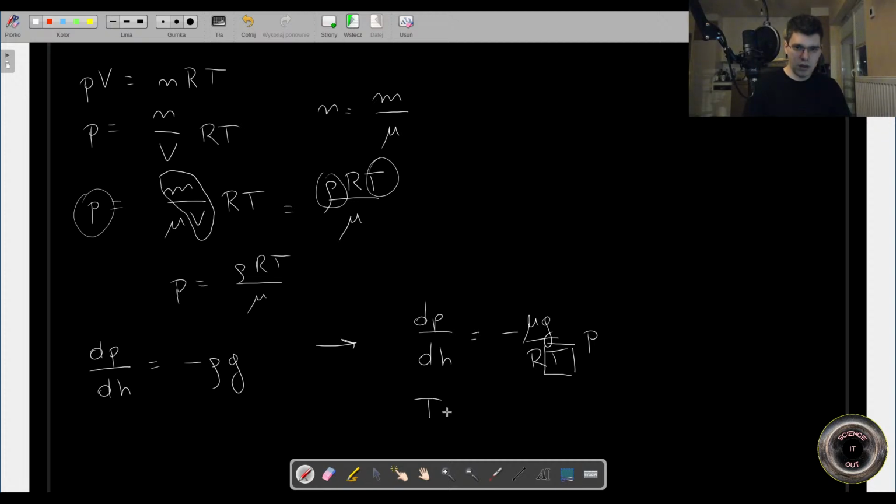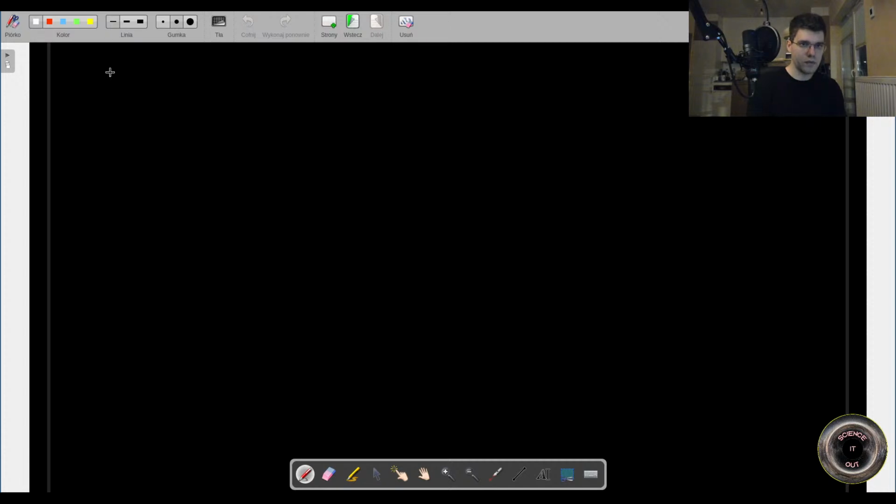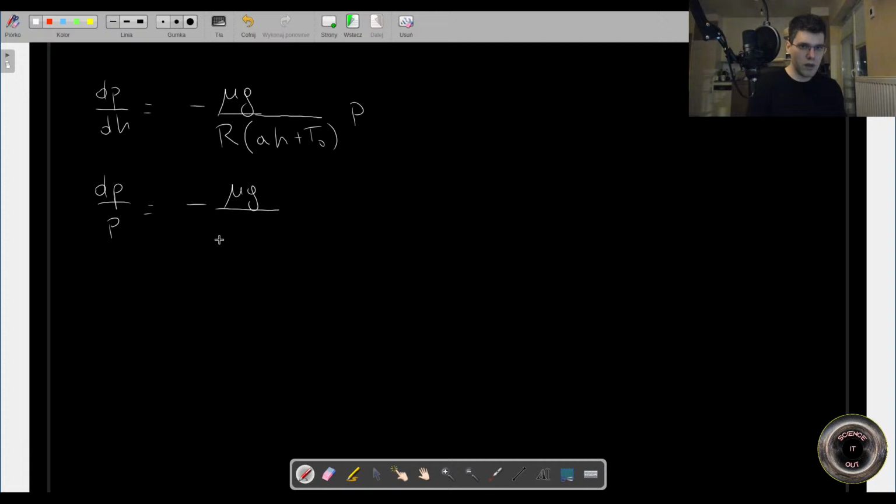So if we say that T is some constant a times h plus some T0, then we have that dP over dh equals minus mu g divided by R, and we have (a h plus T0) times P. So we can shuffle this around: move P to the left side, dh to the right side, and we have dP over P equals minus mu g divided by R times dh over (a h plus T0).